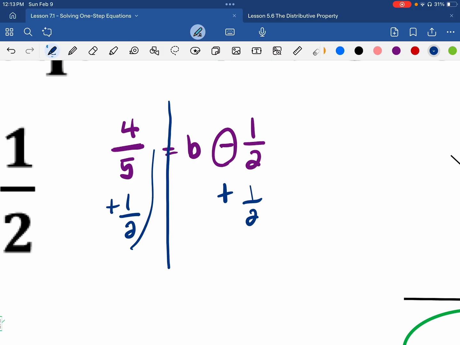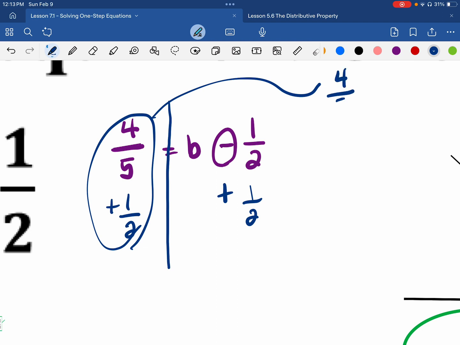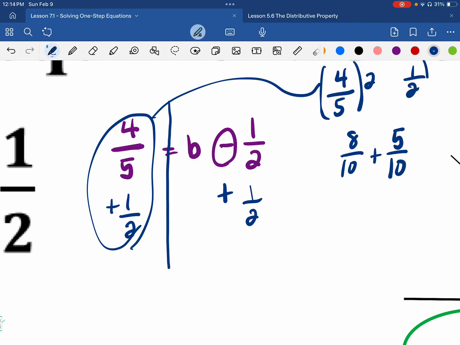So we have two fractions here. Remember, when you are adding fractions, they have to have a common denominator. So we have to kind of do our own equation over here. So 4/5, I can multiply this whole equation by 2 to get 8/10. 2 times 4 is 8, 2 times 5 is 10, and half of 10 is 5/10, or we could take 1/2 and multiply that by 5.